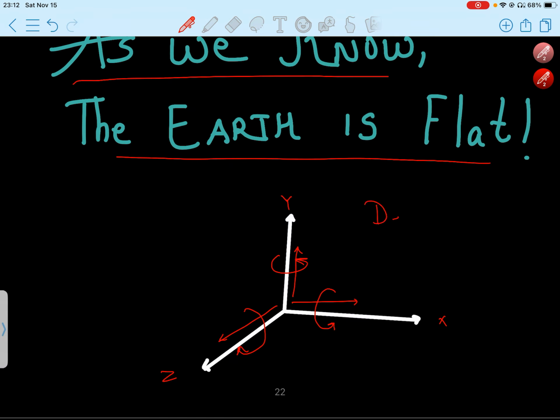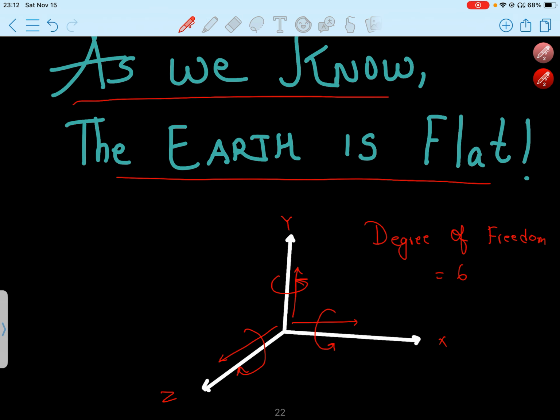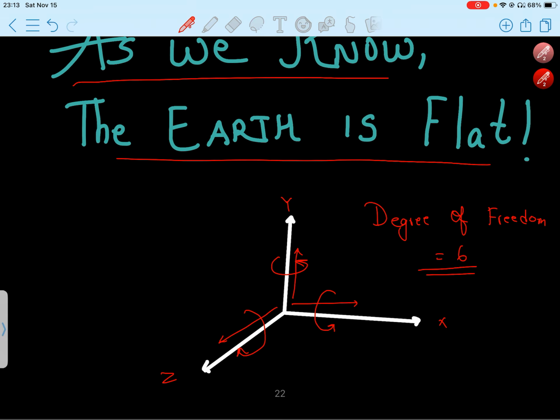So there are 6 degrees of freedom in our universe if we neglect vibrational degrees of freedom. Let's not get into that. Degrees of freedom is equal to 6. Alright, so there are 6 possible ways in which a body can move.